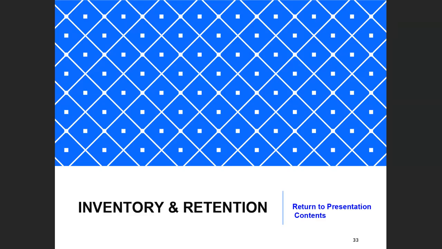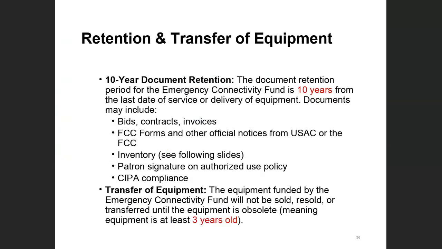Let's talk about inventory and document retention. For the Emergency Connectivity Fund, just like E-rate, the document retention period is 10 years after the last date of service or the delivery of equipment. So you get to keep everything for a really long time.